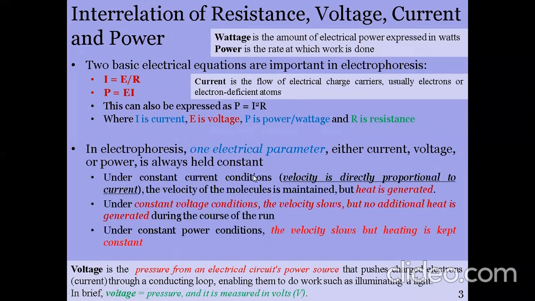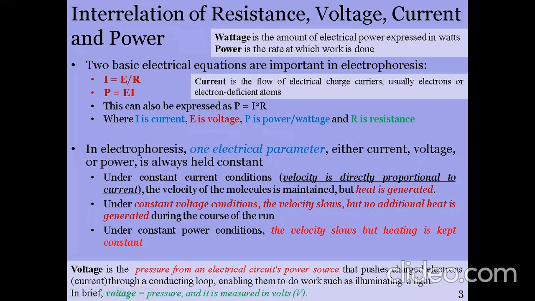Under constant current conditions, the velocity is directly proportional to the current. The velocity of the molecule is maintained, but heat is generated. When current is constant, velocity will also be constant, but heat will be generated.